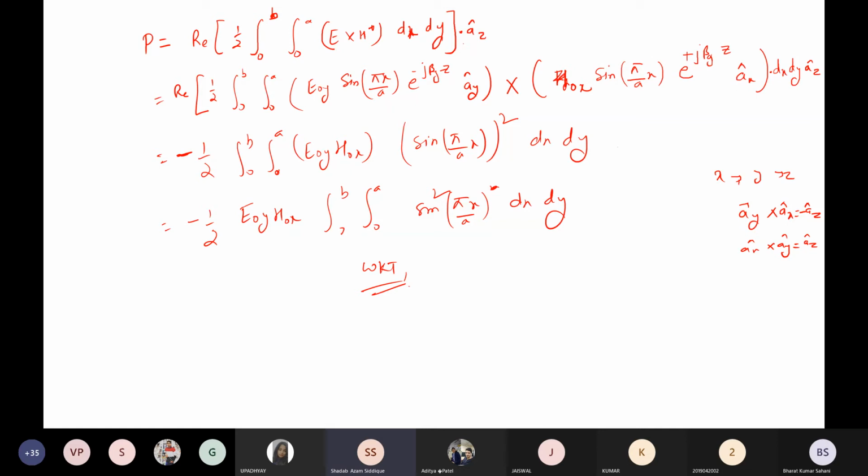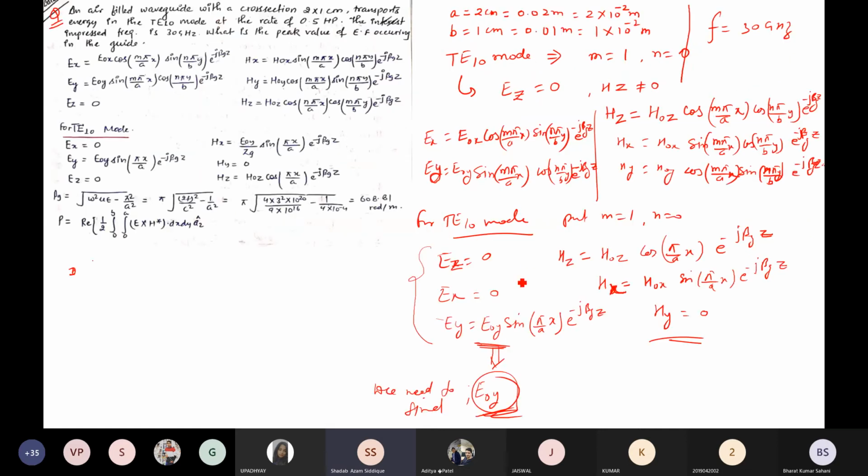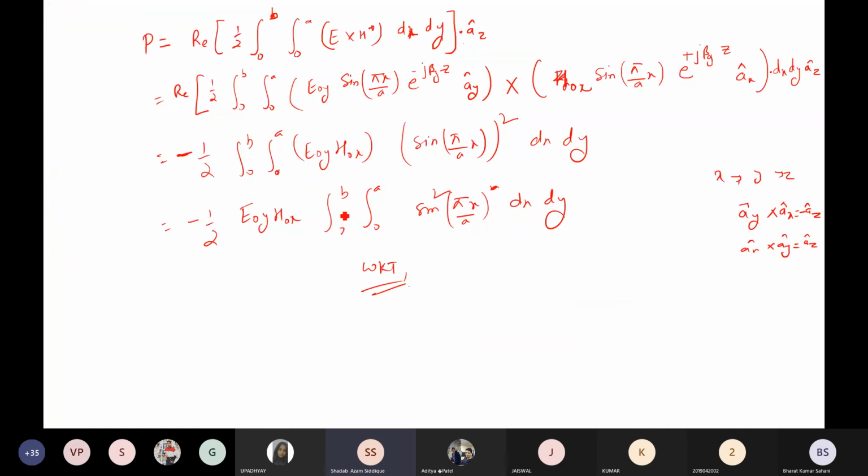So we need to find out E naught y now. First of all, I want to replace this H naught x with the E naught y, because H naught x should be replaced with some value, as H naught x is not known to me. Even E naught y is also not known to me. So we need to find out H naught x in terms of E naught y. So how can we find H naught x in terms of E naught y?